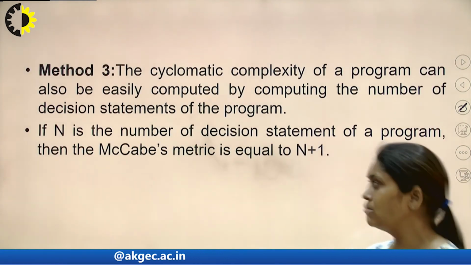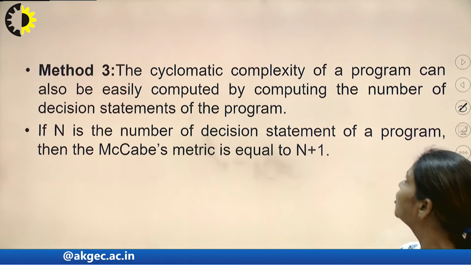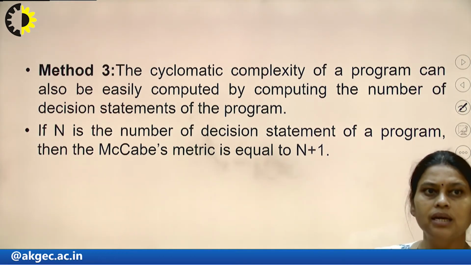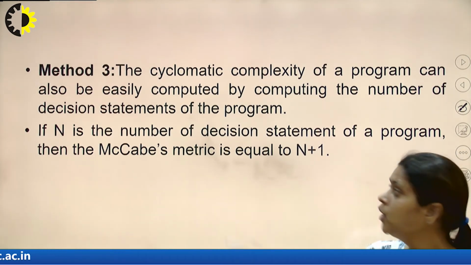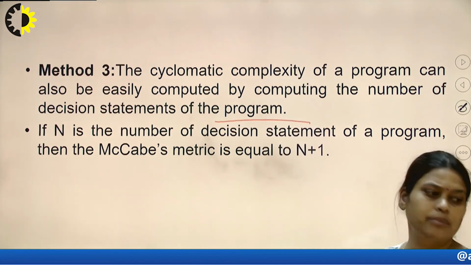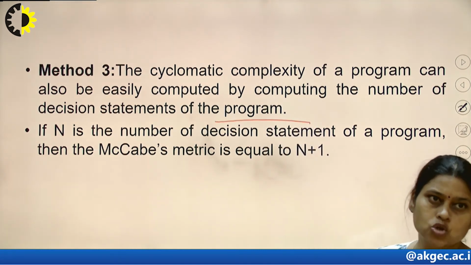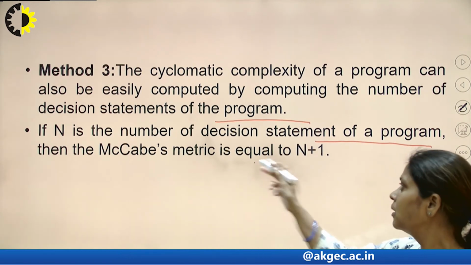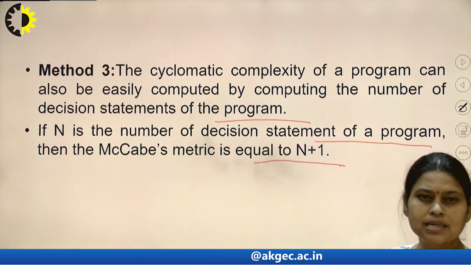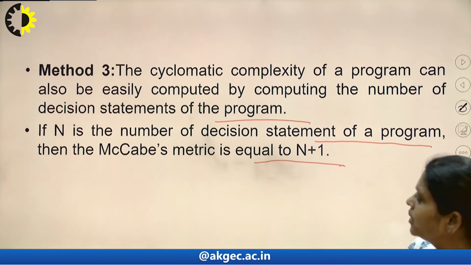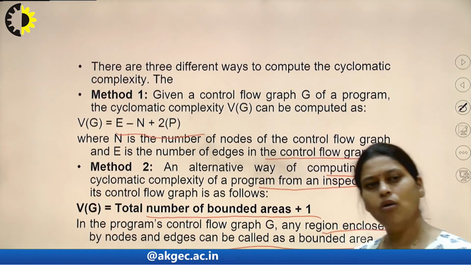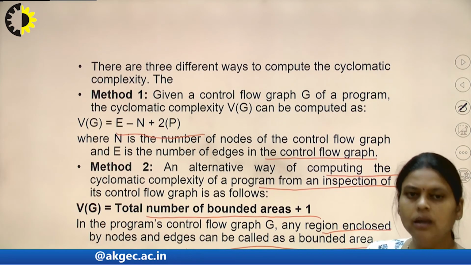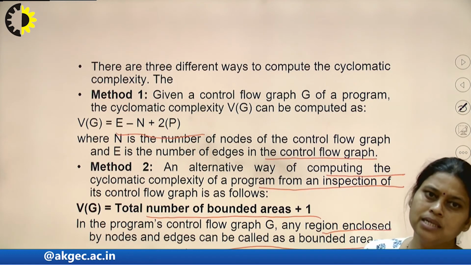And method 3, the complexity of a program can also be easily computed by computing the total number of decision statements in the program. If the total number of decisions in the program is n, then the metric is equal to n plus 1. So, whichever method we use to calculate the complexity, the complexity will remain the same.